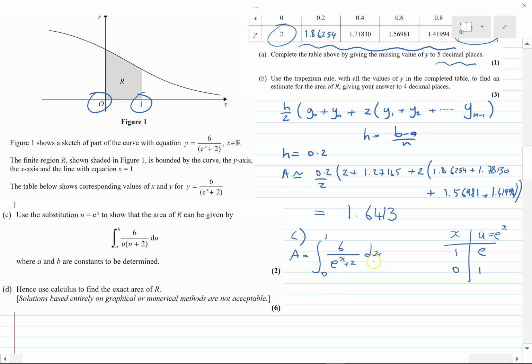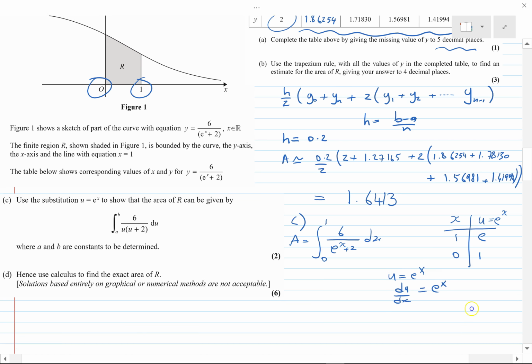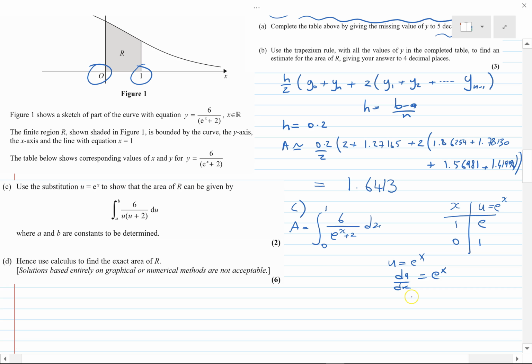Okay, let's deal with the dx. So we've got u is equal to e to the x. We can say du by dx is equal to e to the x, because differentiating. But we want to replace the dx, so we can now write that du is equal to e to the x dx, or 1 over e to the x du is equal to dx.